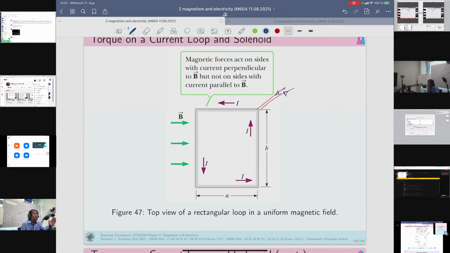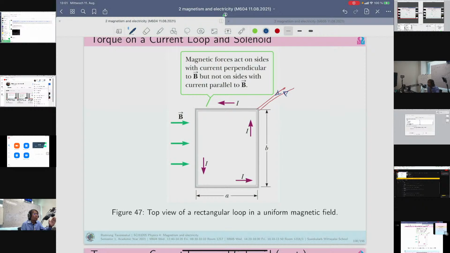That's the way we get the torque. The torque is the extension, the sophisticated one, but it's not too difficult at all for us to understand.